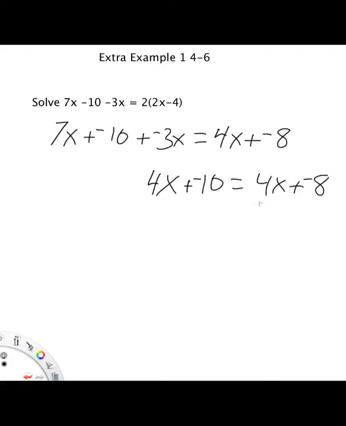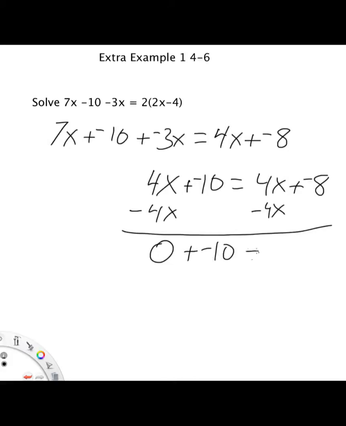Now I'm going to subtract 4x from both sides of the equation, and 4x minus 4x is just 0, plus a negative 10 equals 0 plus a negative 8, and we end up with negative 10 equals negative 8, which is not true.